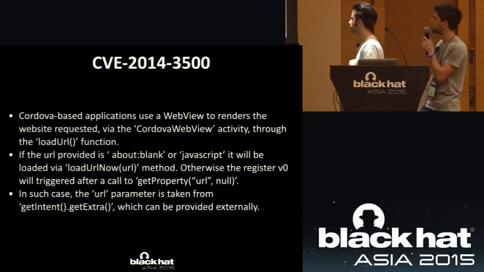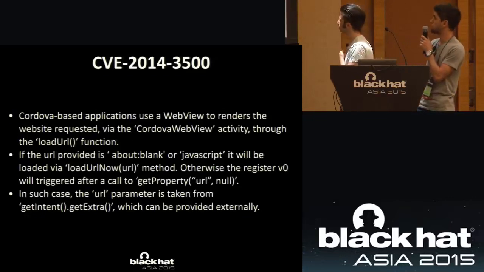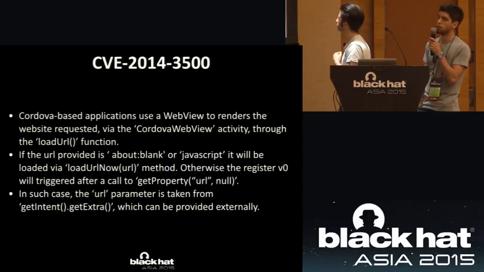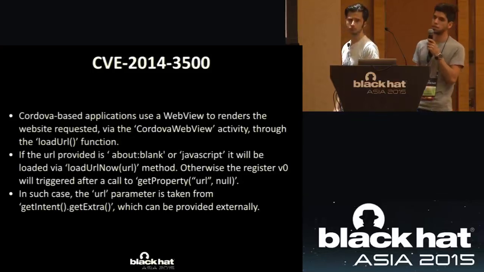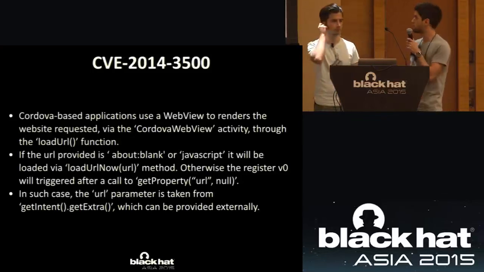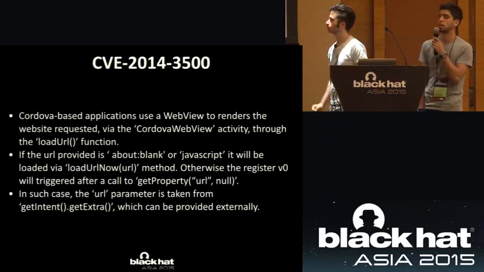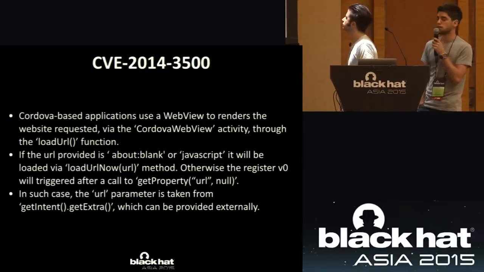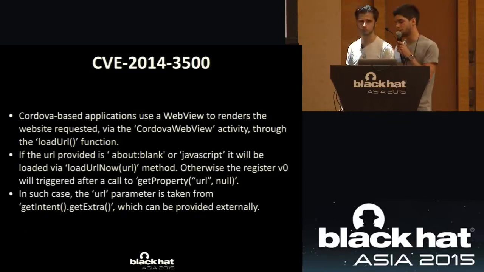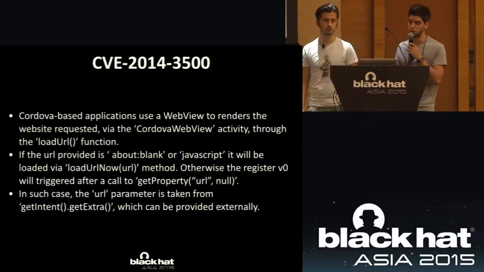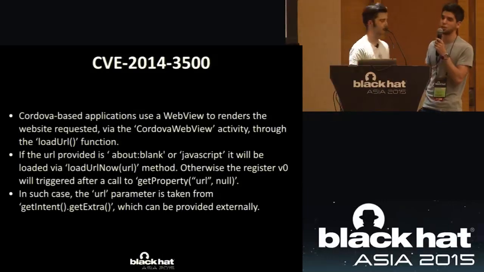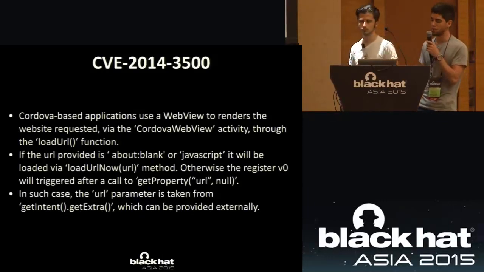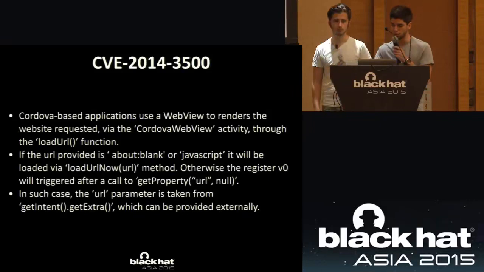Well, it is overridden through the getProperty method, which basically calls the getIntent getExtras method. This means that basically the parameter received by this functionality can be provided from outside. So, I mean, 2 plus 2 is 4, so basically if you provide to this parameter a malicious URL, you will exploit the user and you will trick the user.